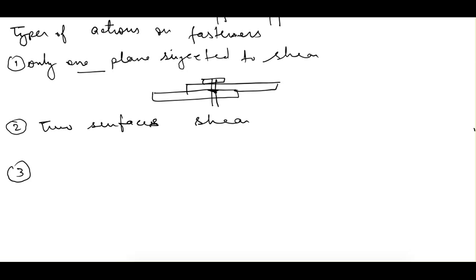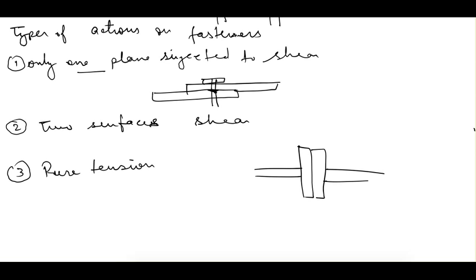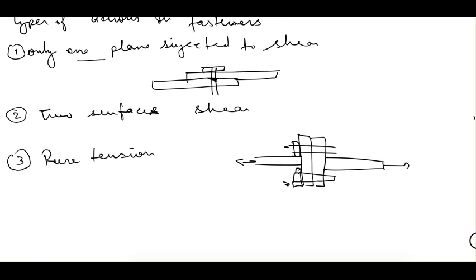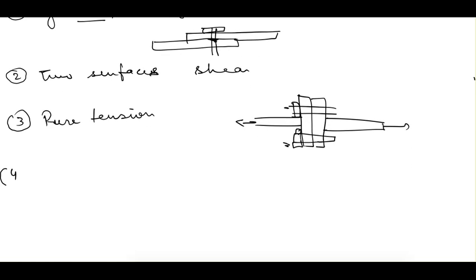The third one is pure tension. So when does this happen? Let's say there is one T section like this and one more T section like this, and we have put the bolt here. And now if we apply the tensile stress in this direction, then both the bolts are subjected to direct tension. After that, next is pure moment.